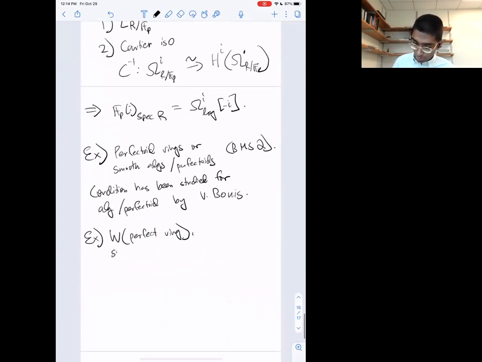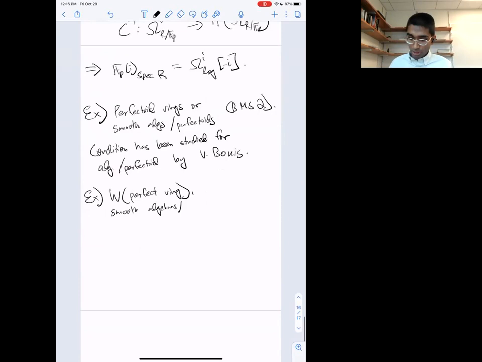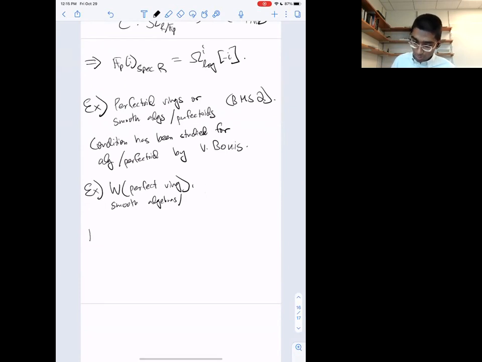And I could also say smooth algebras over this. So this condition is sort of robust in some sense, it's stable under passage to smooth algebras, and it's closed under filtered colimits and so forth.